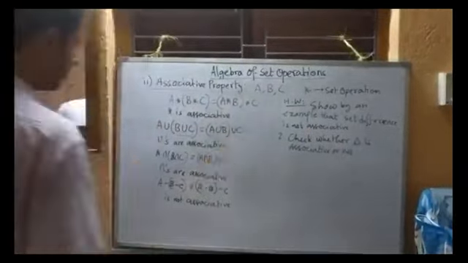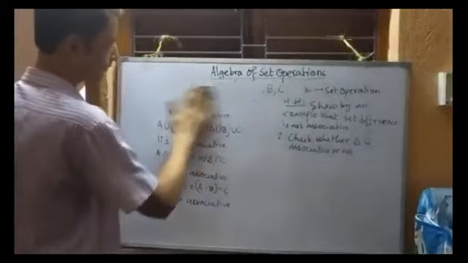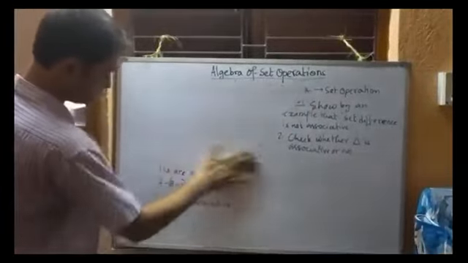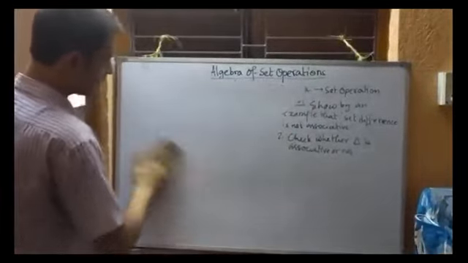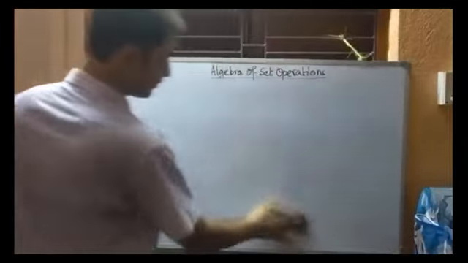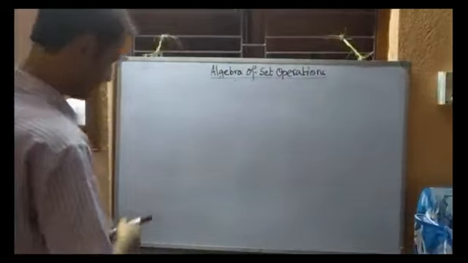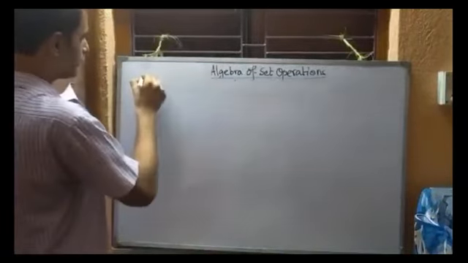Okay, so the next property is called the distributive property.